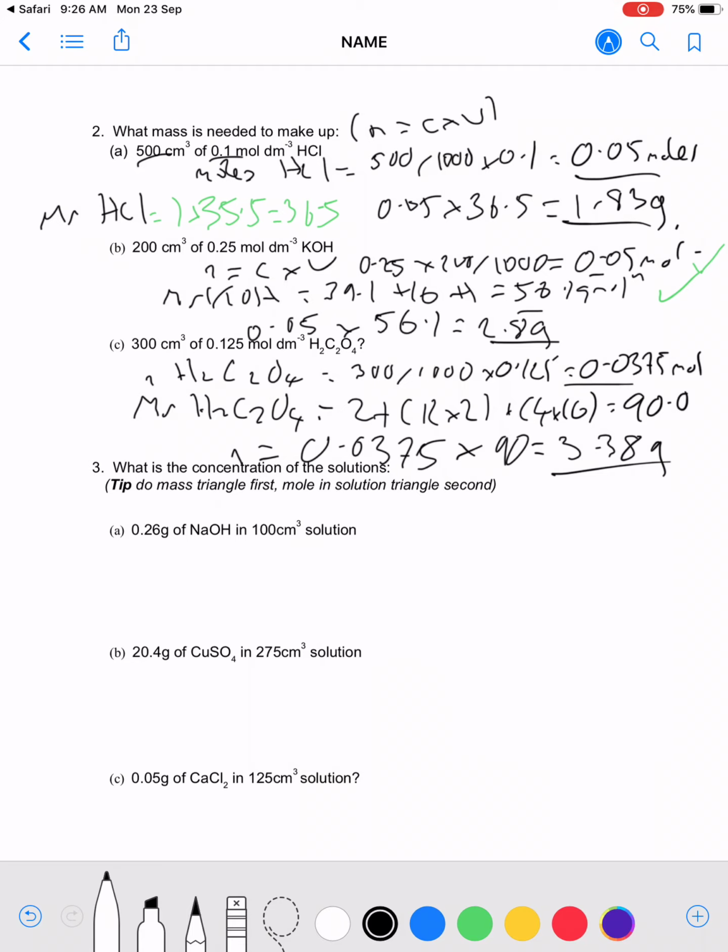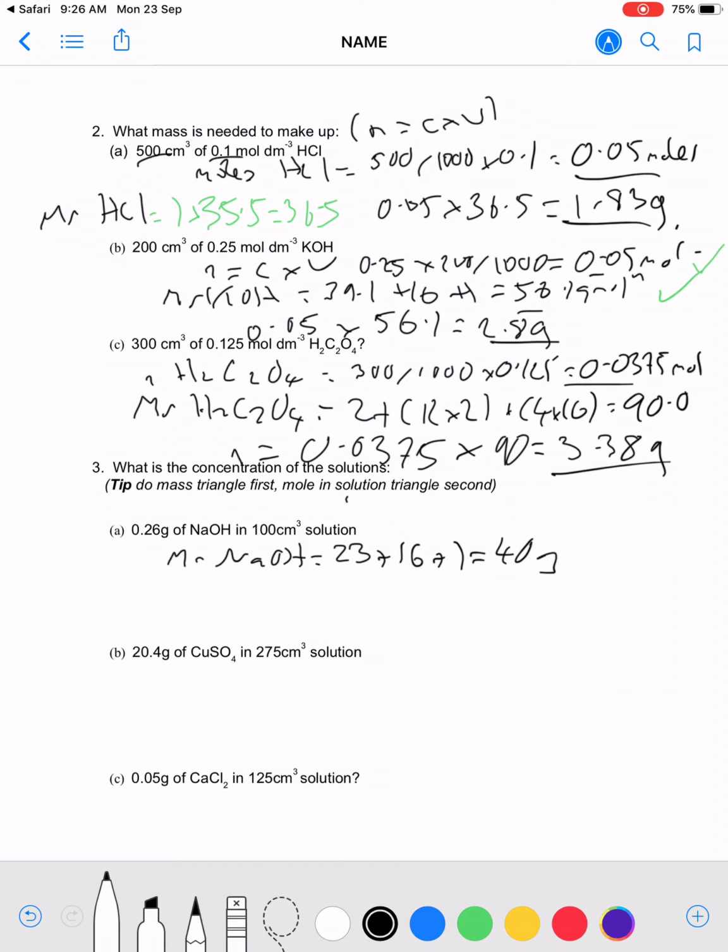Okay, cool. Moving on then. What is the concentration of the solutions? So, 0.26 g of sodium hydroxide in 100 cm³ of solution. Well, what's the Mr of sodium hydroxide? What's the molecular mass? It's going to be 23 plus 16 plus 1, that equals 40 g, that's the molecular mass.